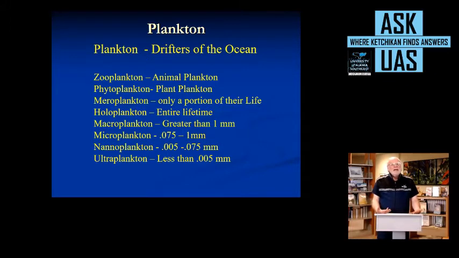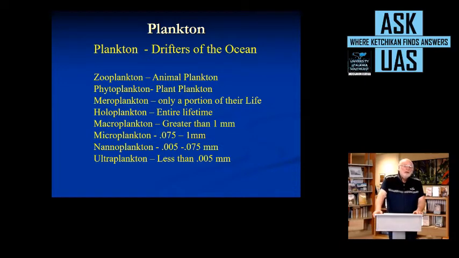They're really eating macroplankton, fairly large organisms that are a relatively good size. Microplankton, 0.075, nanoplankton, and ultraplankton are all very, very small, even smaller than what you're going to see tonight on some of the slides.